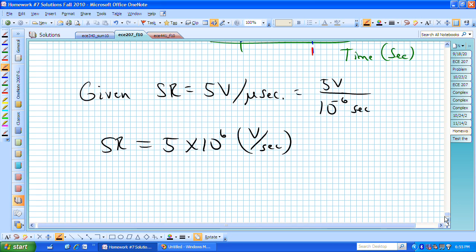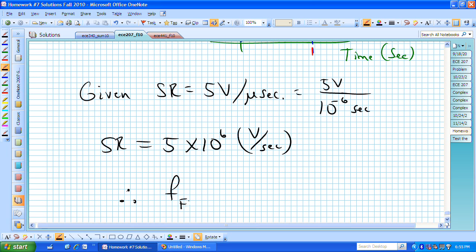That being stated, this slew rate is basically how quickly the time rate of change of our output can occur, which is just related to the derivative of our output signal, and that's how this formula has been obtained.